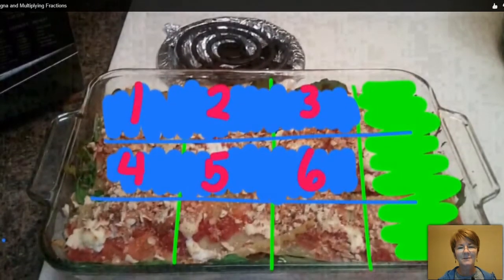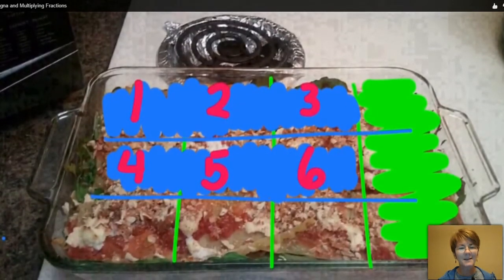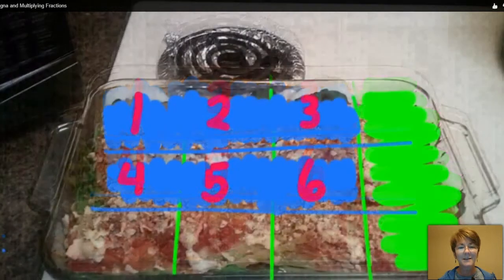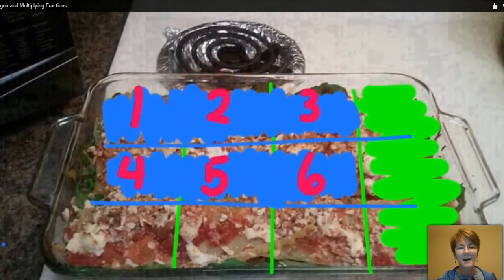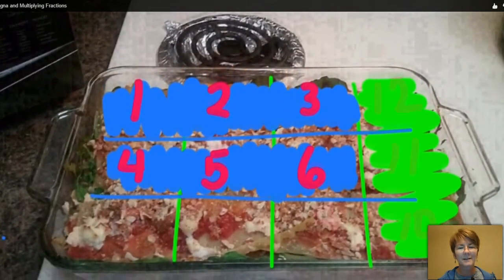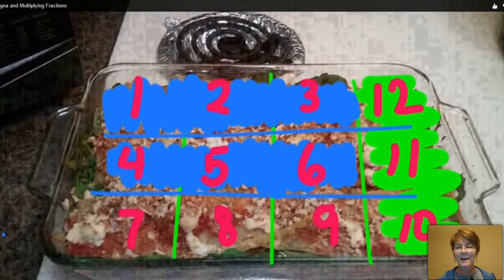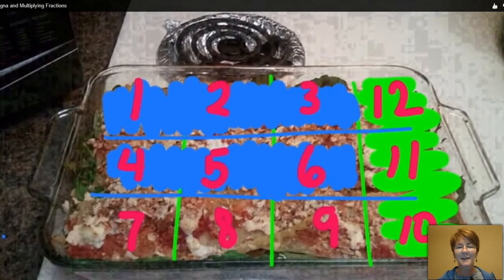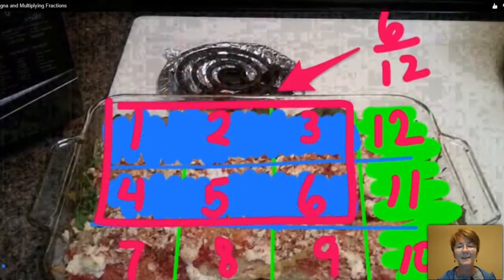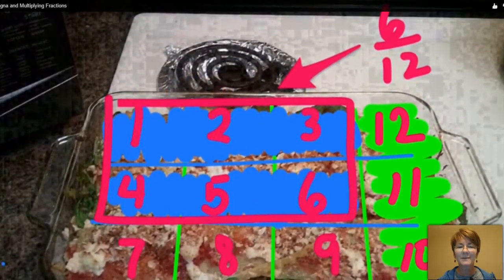So how many pieces was that he ate? He ate 6 pieces of the lasagna. How many pieces are there altogether? You got it. There are 12 pieces of lasagna altogether. So my son ate 6 out of 12 pieces of lasagna.